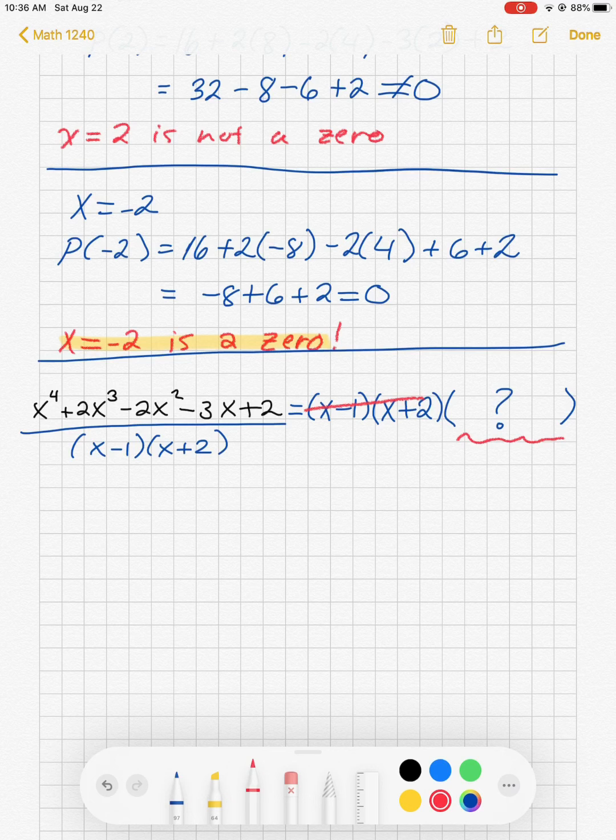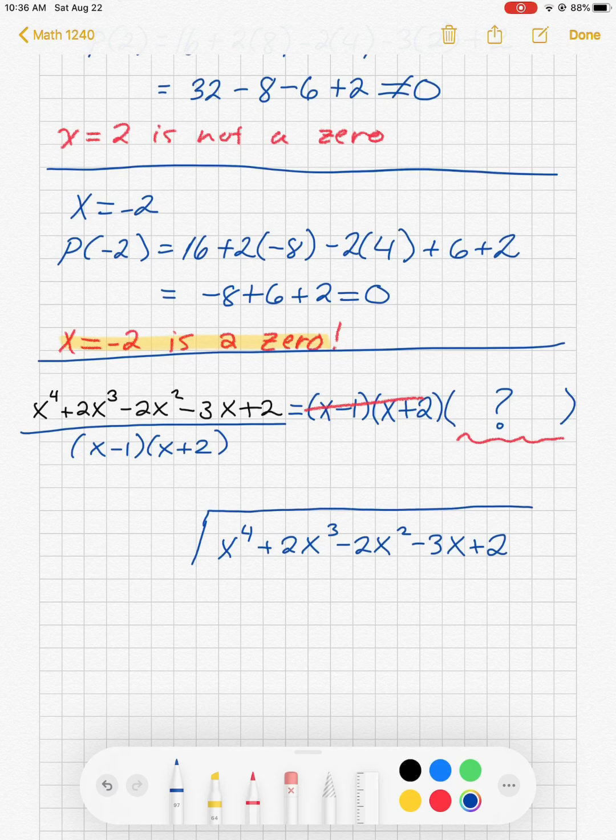So the next thing I have to do is determine what that long division is. So I have to figure out what is x to the 4th plus 2x cubed minus 2x squared minus 3x plus 2 divided by, so this is what we did in the last section, I'm going to write that out in expanded form, x squared plus x minus 2.